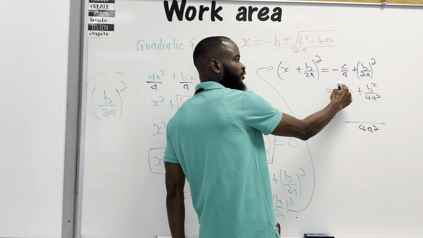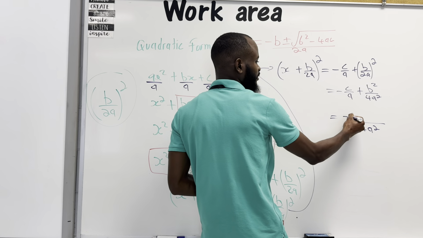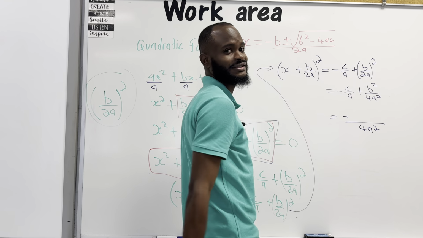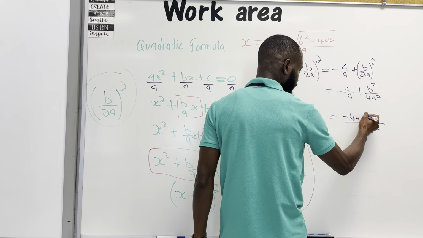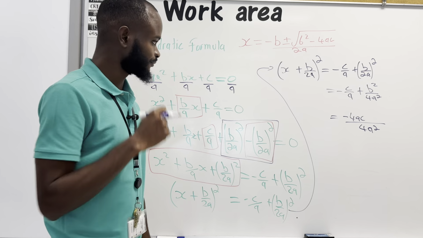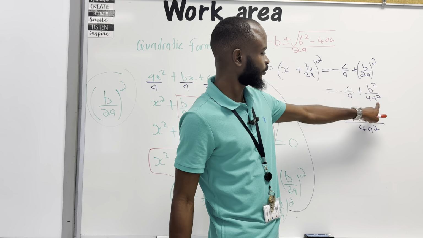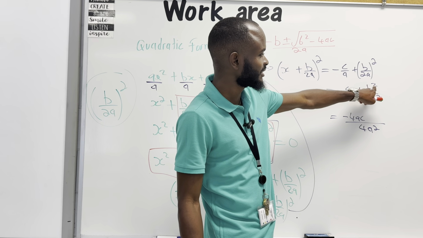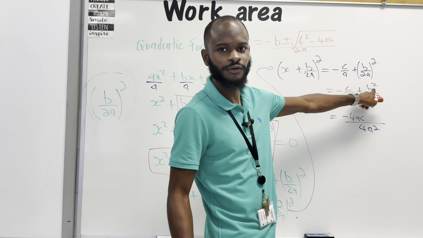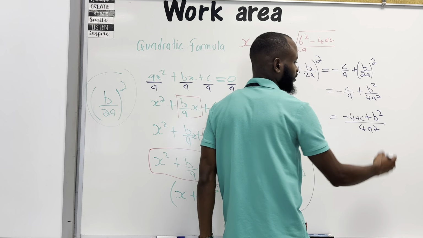And what do we do? We multiply that by the numerator here. So we still have that minus sign, so it's going to be minus 4a times c. That's just 4ac. And now, here we have 4a squared into 4a squared, which is 1. And 1 times b squared is still b squared. So we're going to add b squared to that.